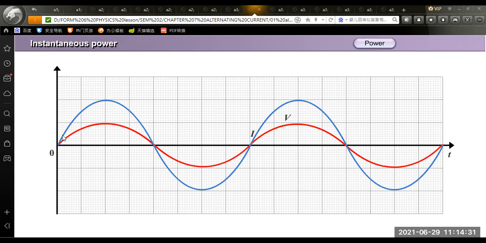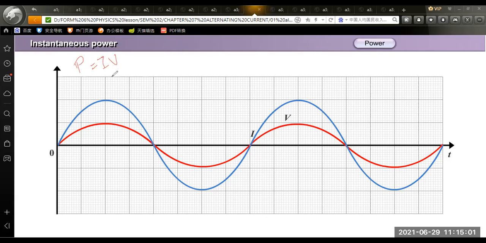Let's say this is the V, this is the I. That means that power P is equal to IV, correct or not? If we wish to find out the power, we use the formula P equal to IV.